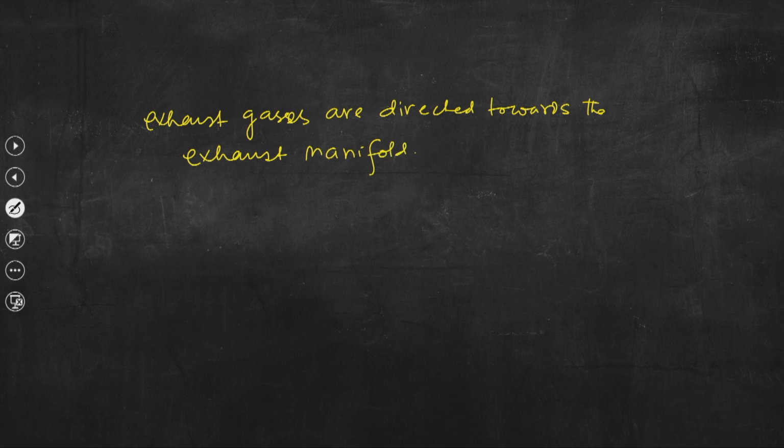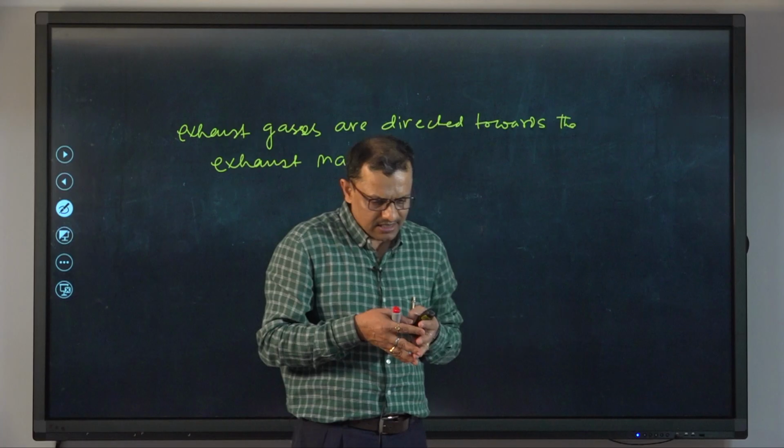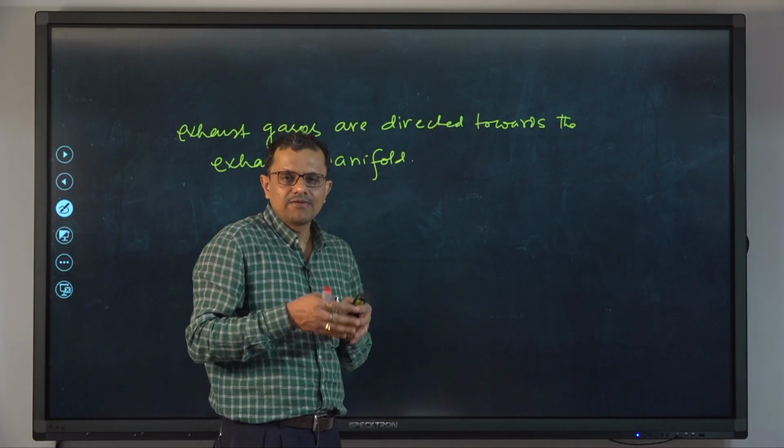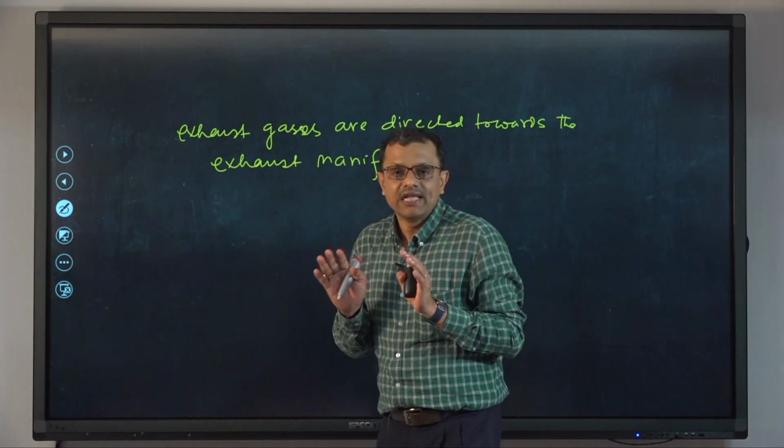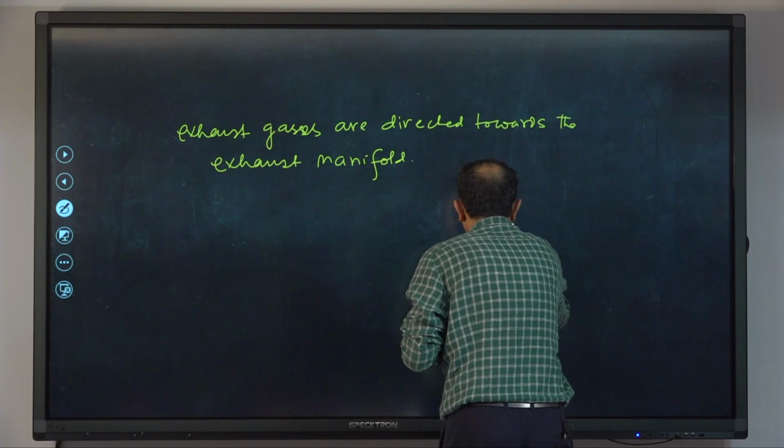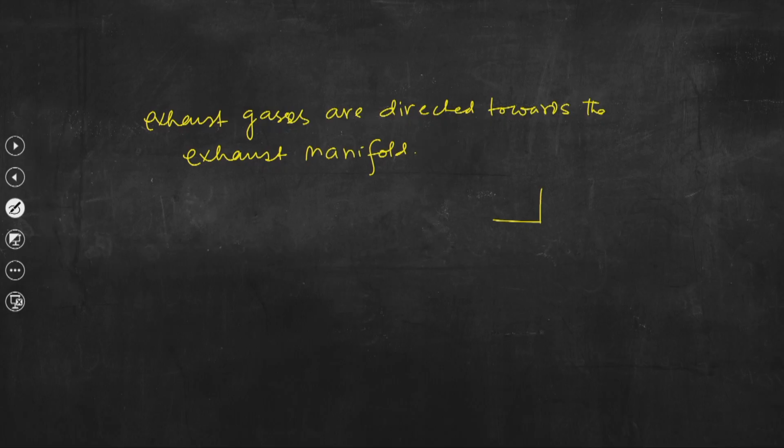So, a portion of the exhaust gases is not allowed to go into the turbine, and for that, an exhaust gas bypass passage is opened. If we draw the engine cylinder, say, with the exhaust manifold and the exhaust valve, and the turbine is placed over here, what is done?